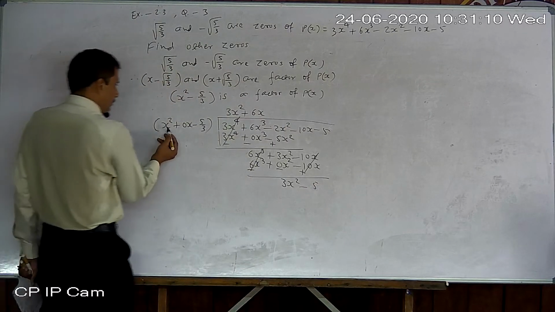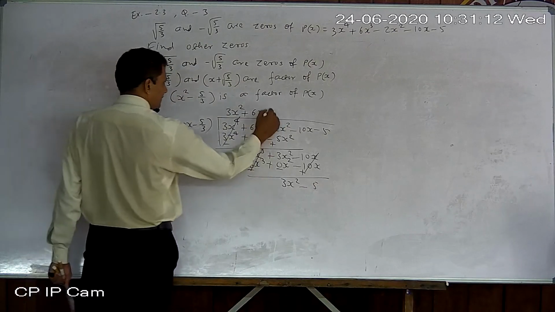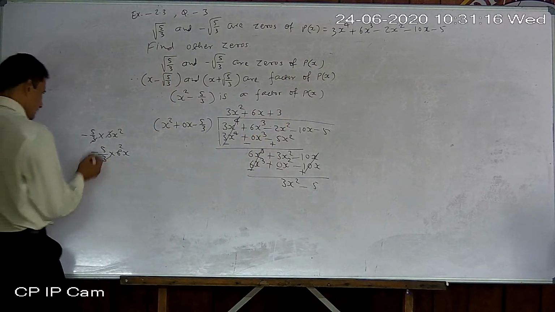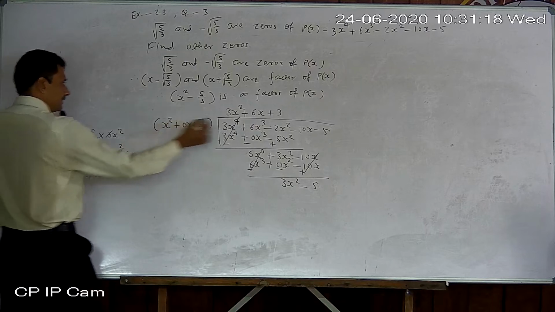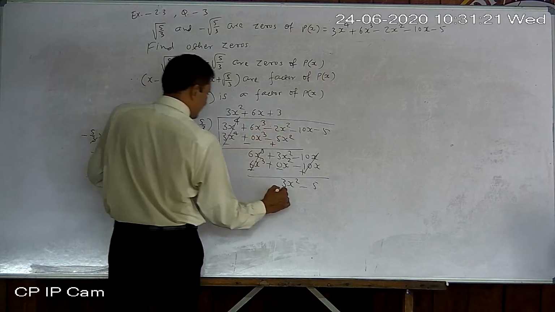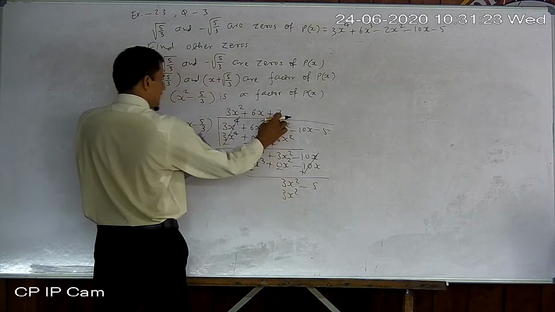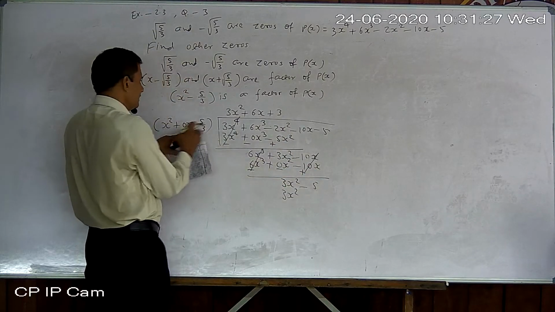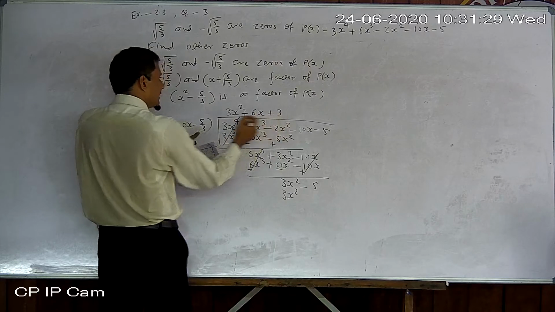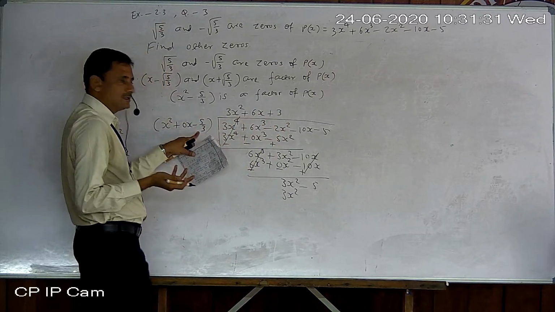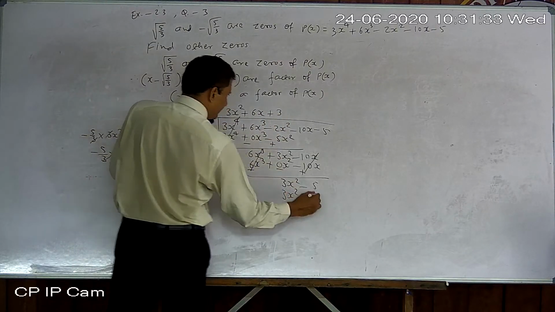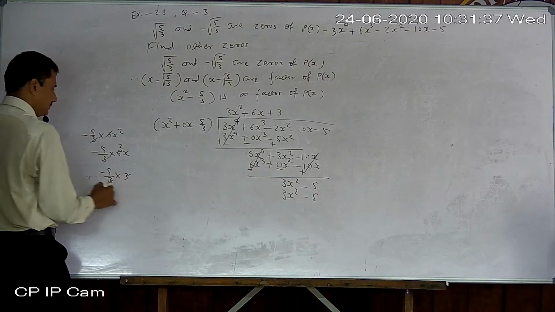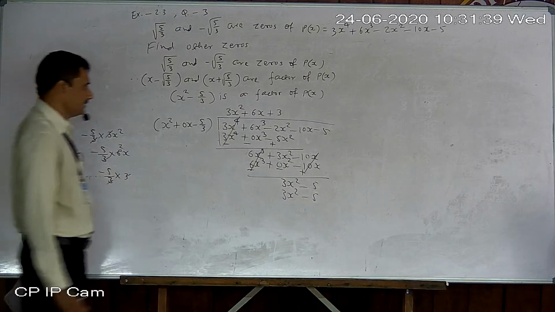From x square we want 3x square, so multiply by 3. So it will be 3x square. No need of this term because the x term is already cancelled. Now 3 into 5 by 3: the 3 will cancel, so left will be only 5. Minus 5 by 3 into 3: 3 gone, so only minus 5 is there.